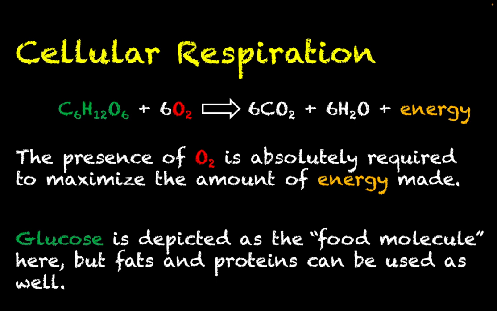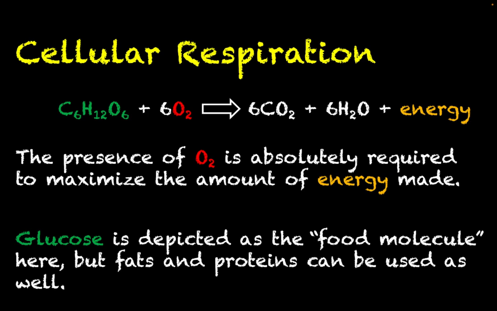So if you say eat a donut in the morning, that donut is going to have a lot of sugar in it. Your digestive system will break down the sugar in that donut into glucose, and that glucose will circulate throughout your blood. And that glucose in your blood is available to all of the cells in your body.